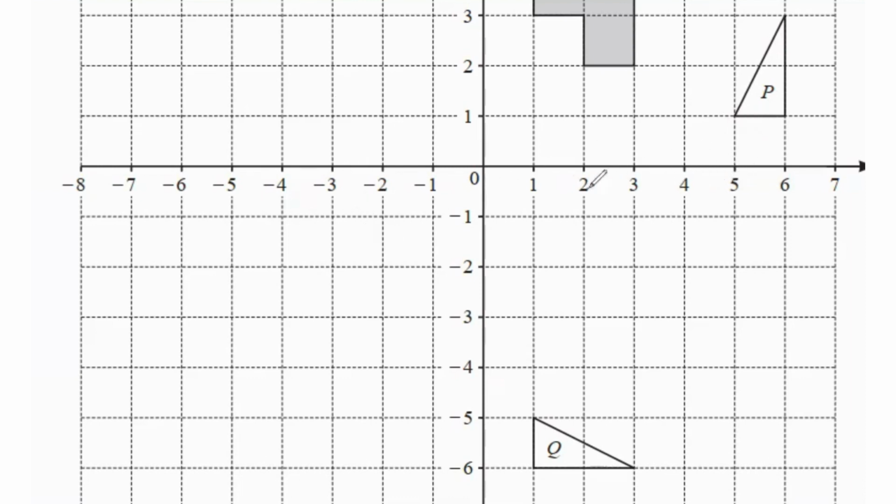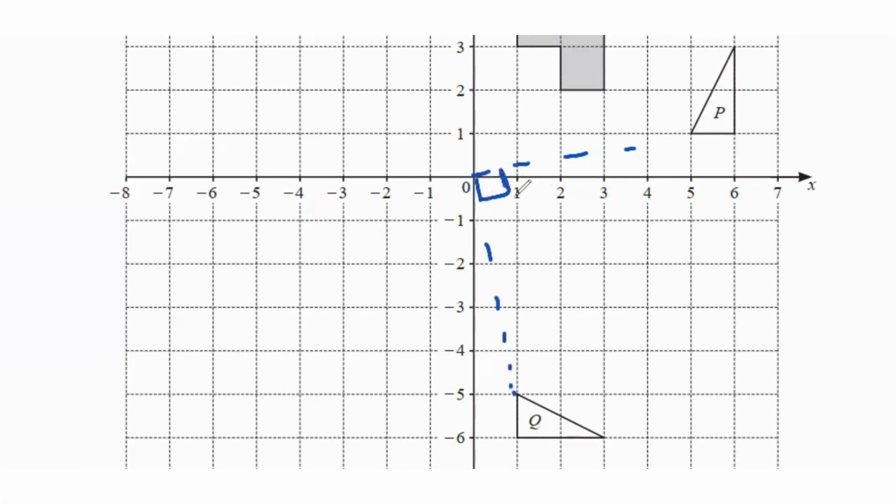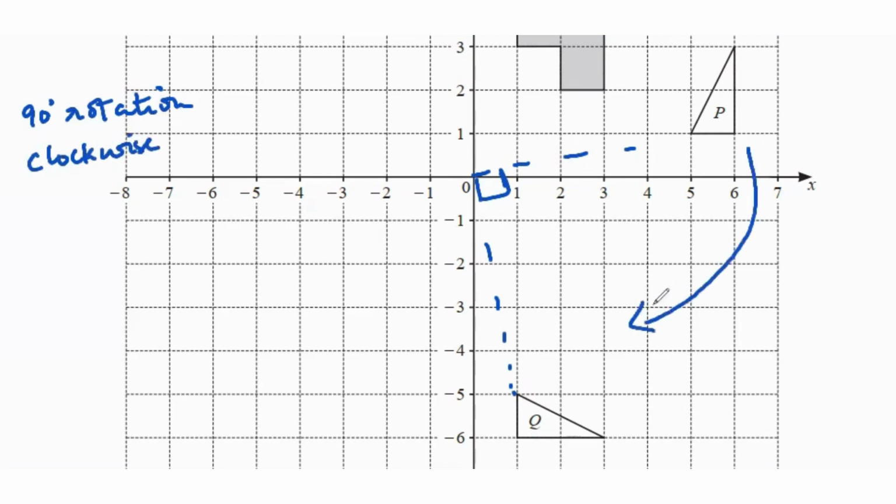So if we look at this shape, this shape has been rotated 90 degrees clockwise because it's going in this direction, and your center of rotation is 0, 0.